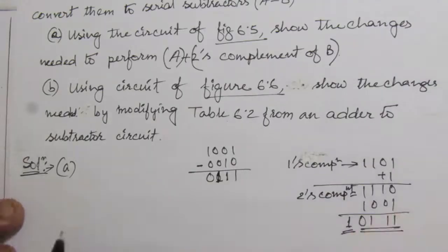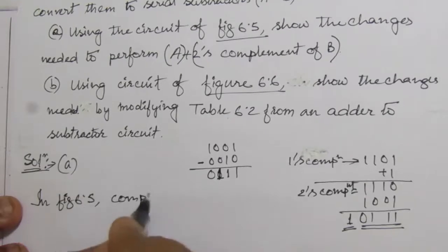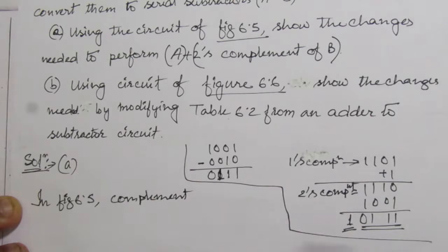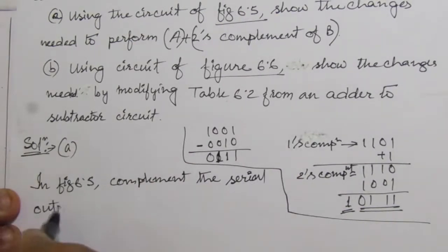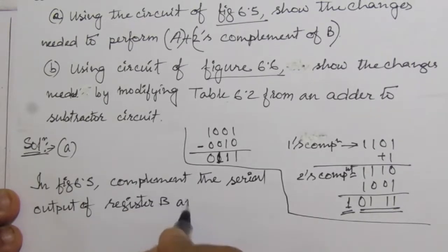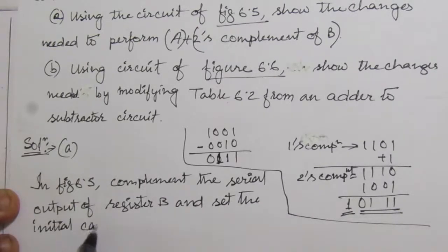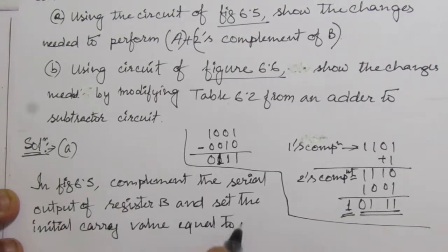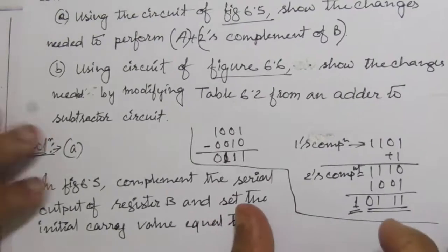So we can write here in figure 6.5: complement the serial output of register B and set the initial carry value equal to 1. Now let us redraw this circuit of figure 6.5.